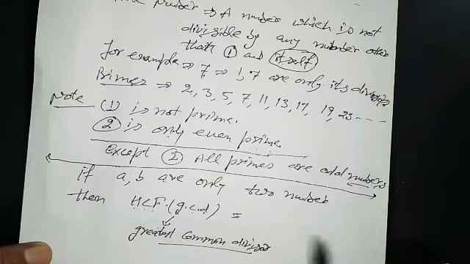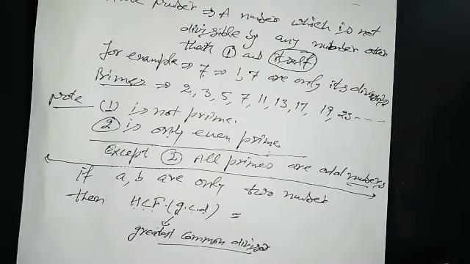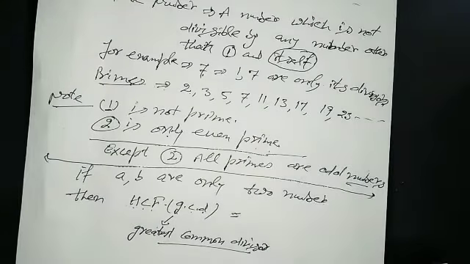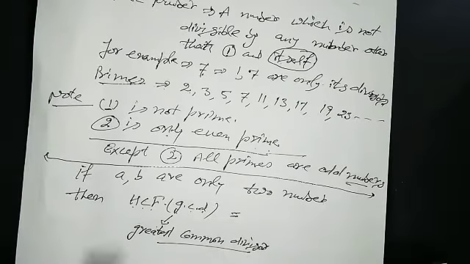And how do you find that? Make factors of A and B and you can select a few factors. How?